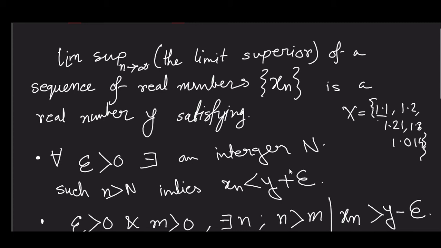The position of each element is 1, 2, 3, so we can consider it a function mapping natural numbers to real numbers for a real sequence.